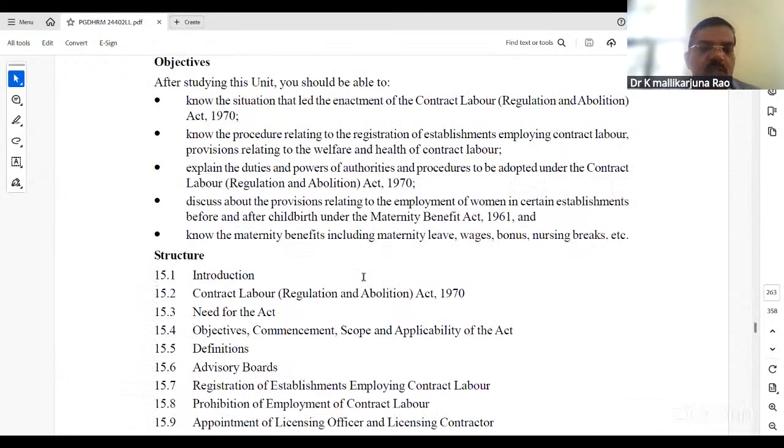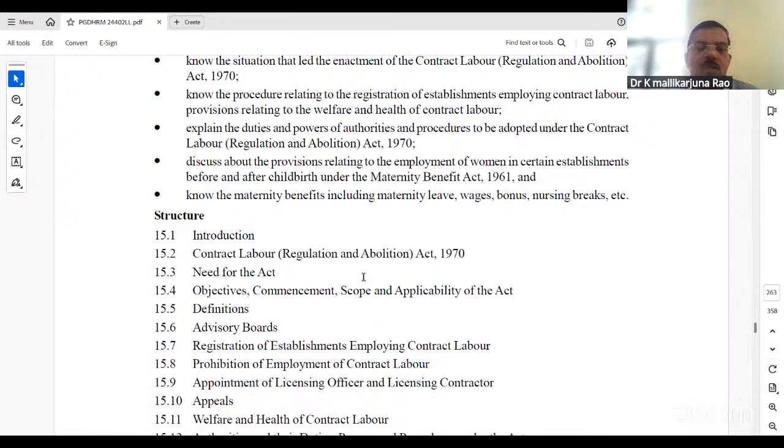In this topic, we are going to discuss the Contract Labor Regulation and Abolition Act. What is the need for this act? What are the objectives of this act? When it commenced, the scope and applicability of the act, the basic definitions, and who is the advisory body in this act.